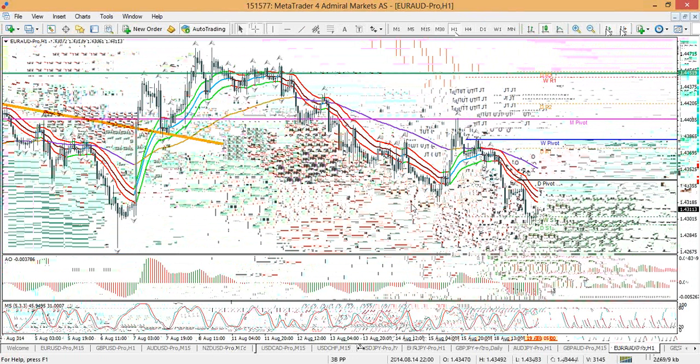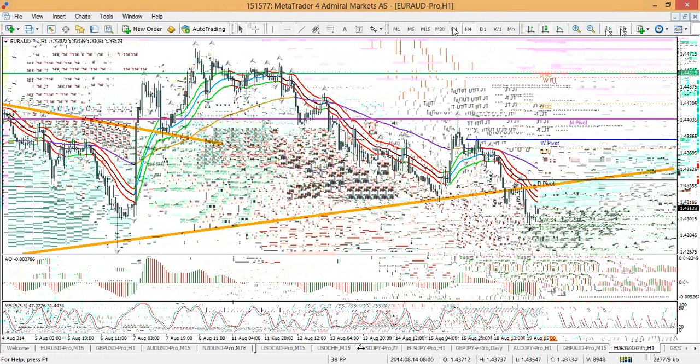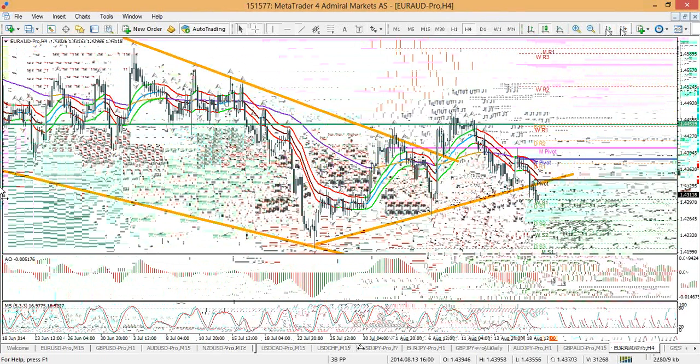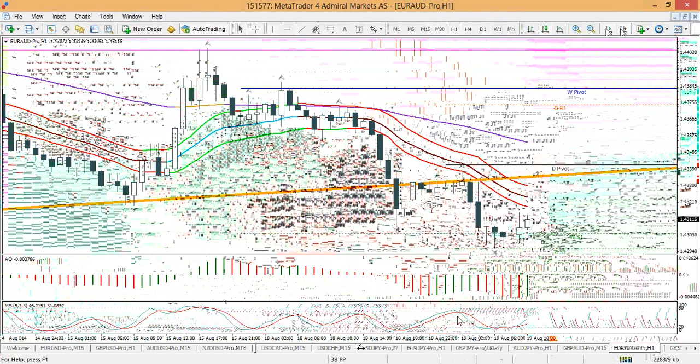The Aussie USD are more in balance with each other. The Euro Aussie is looking definitely more bearish. Looking at the moving averages and the angles and multiple time frames, you can also see that price is trying to poke through this particular trend line, which has done so far pretty successfully, I would say. Looking at the 4-hour chart, we can see an entire 4-hour bearish candle below it. So I would think that that should be sufficient.